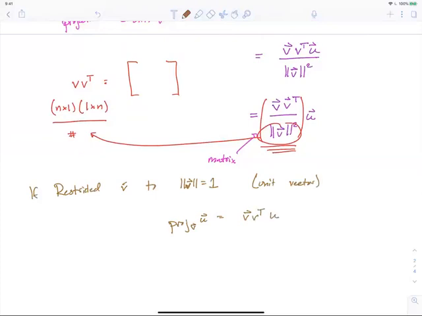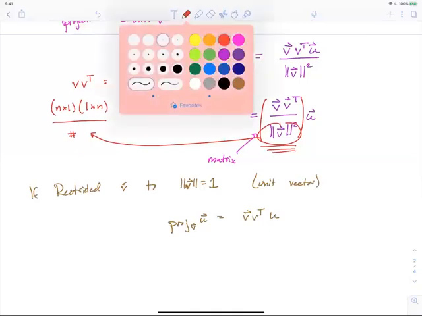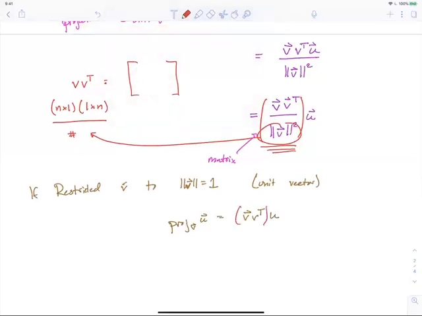So this is one reason why we're going to really care about whether or not vectors are unit vectors or not, because for example, if there's a projection matrix, the projection onto that vector is literally just this matrix. It's a vector transposed with itself, but in the opposite direction. It's not the dot product, it's the opposite direction. And it gives you a very nice way of writing down what a projection is.